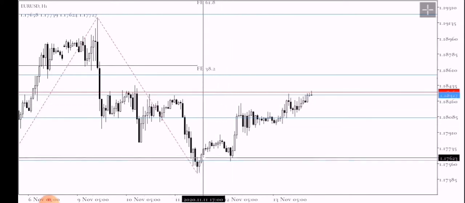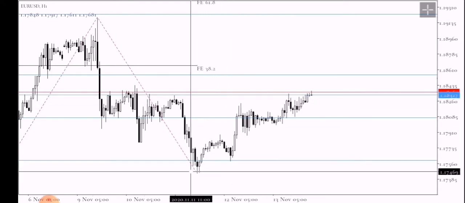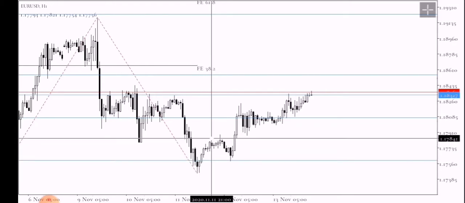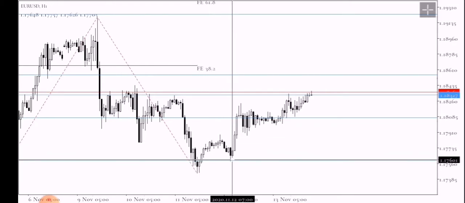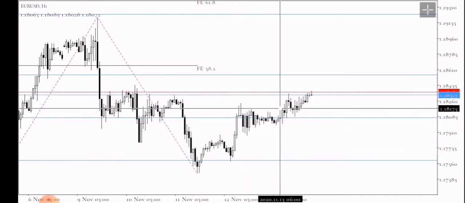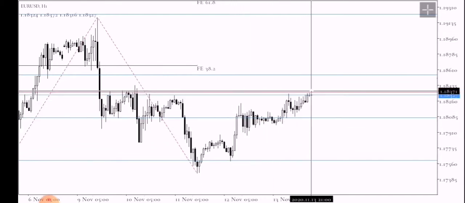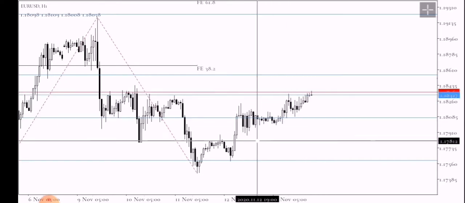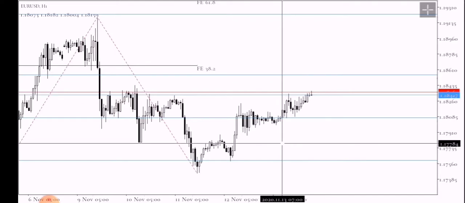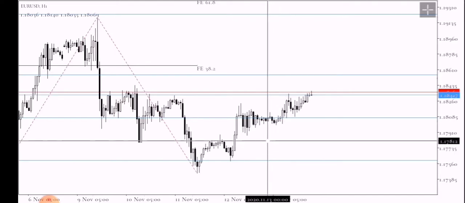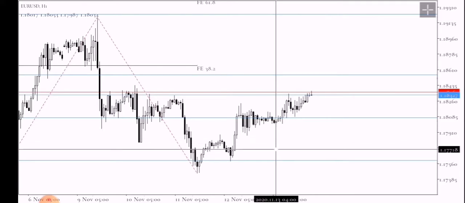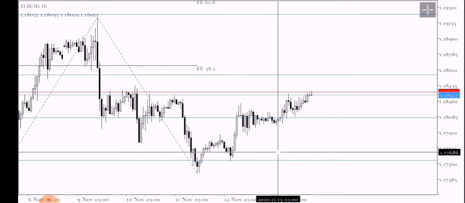What I've come to see is that it has created basically a 5-wave move, one being here, two being here, three being here, four being here, and five potentially ending here. Okay? Now stay tuned, we're going to be talking about stops and entries and potential take profit levels over the course of the video.